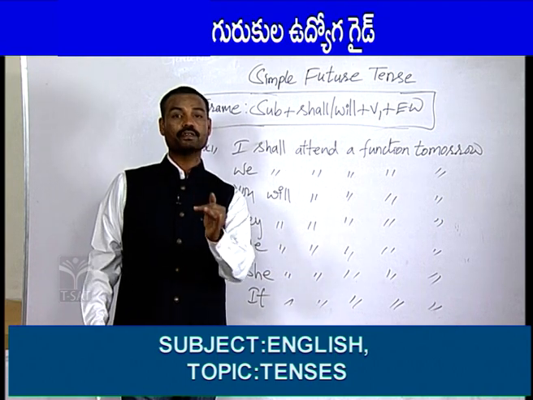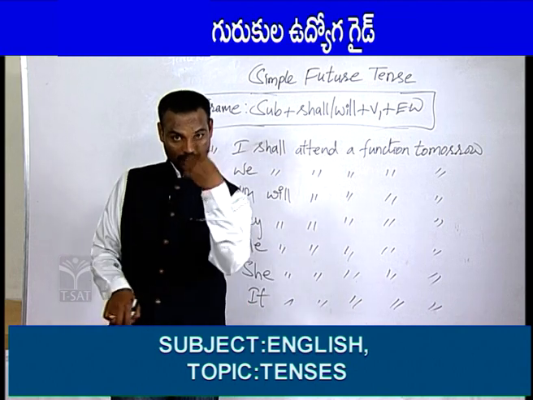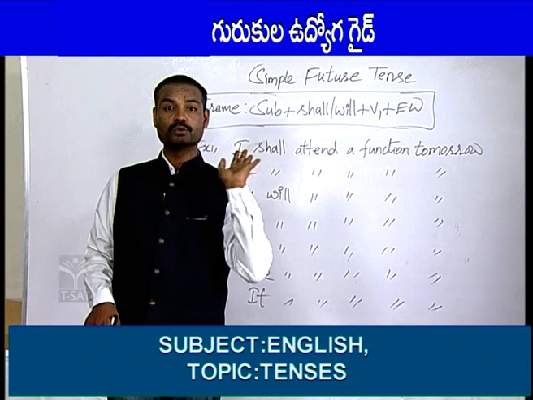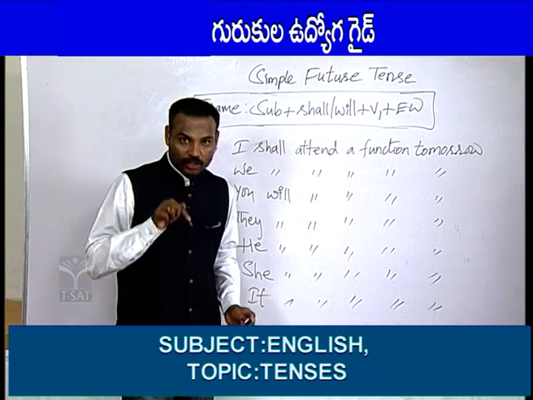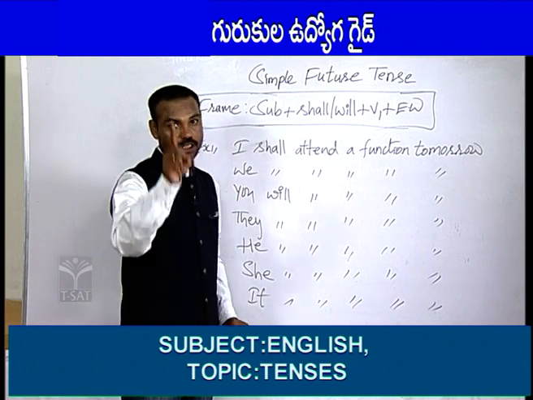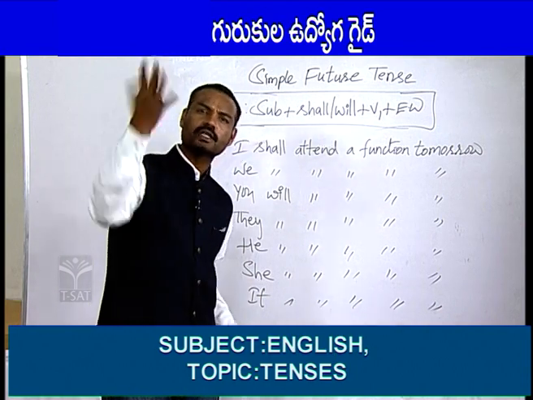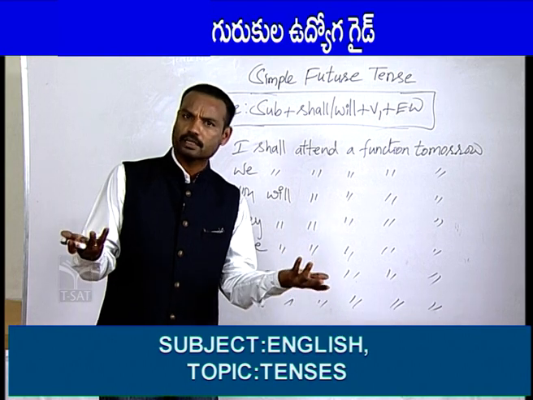So the short and sweet explanation of simple future is, from this moment onwards till the last moment of your life, whatever you are going to do, that comes under future, that's all. After 10 seconds, whatever you are going to do, that is called future.